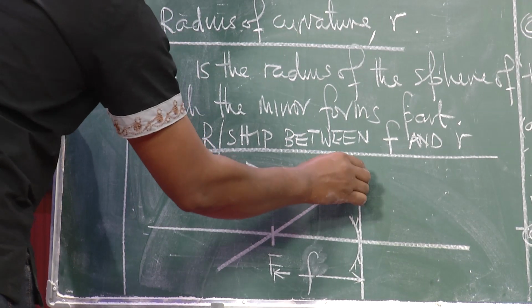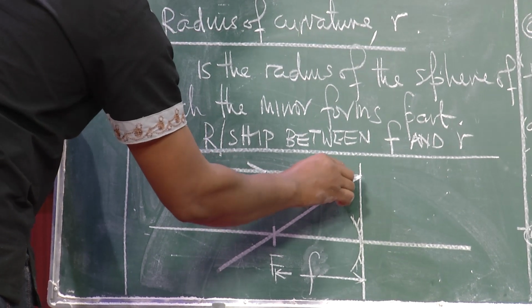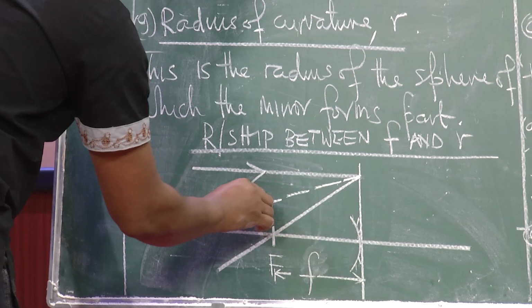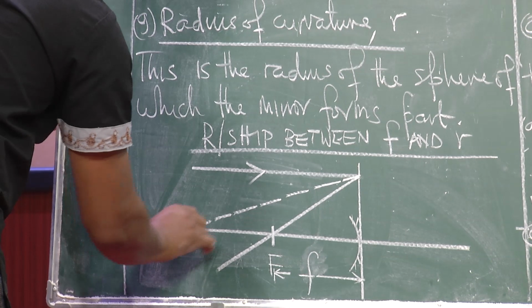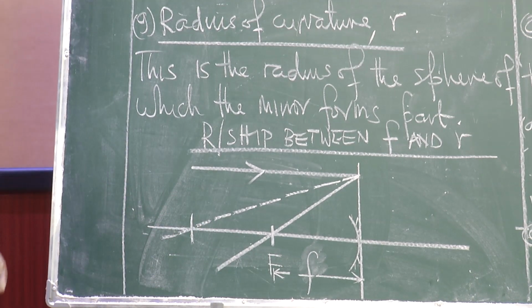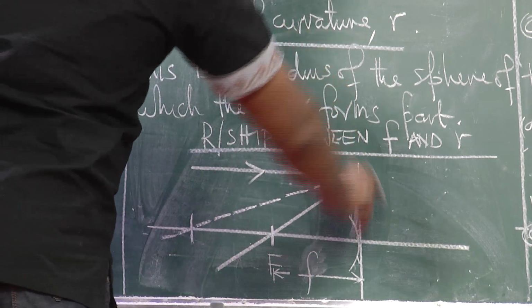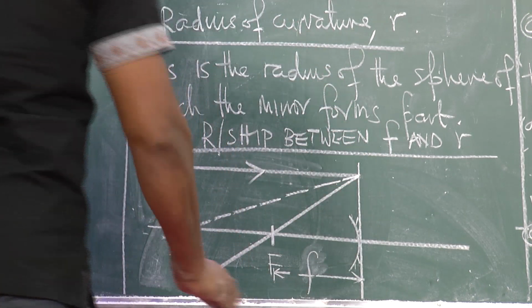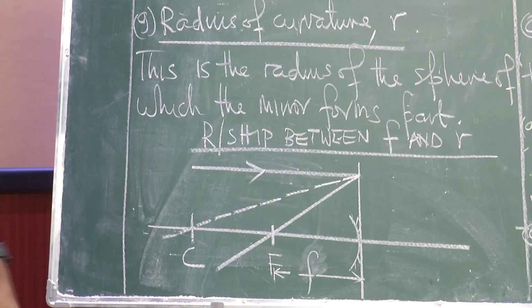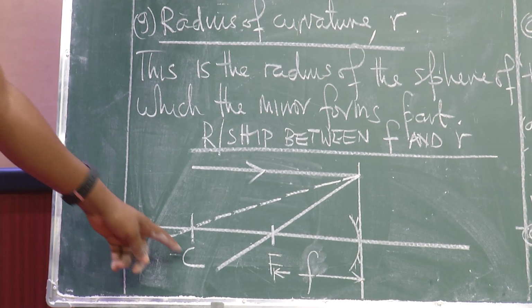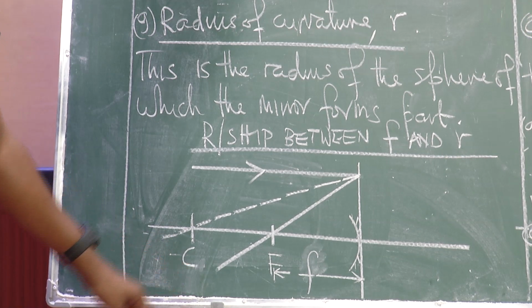And if we put a normal here, a normal is a line that ideally is expected to make a 90 degree angle with the mirror if the mirror is the curved one. Now, this normal would interface with the mirror at the center of curvature.